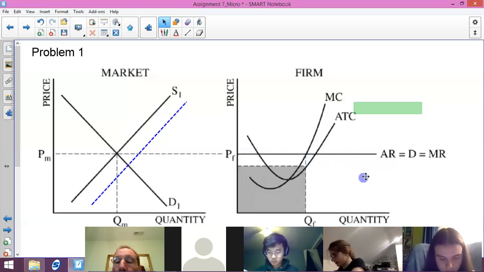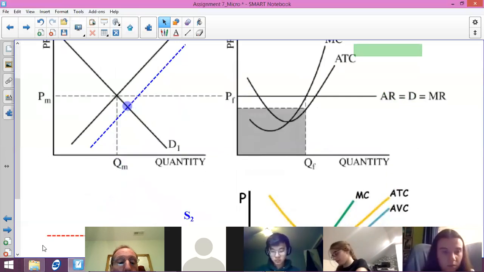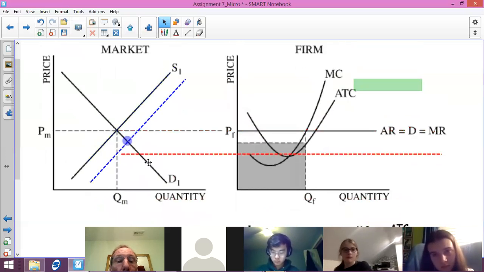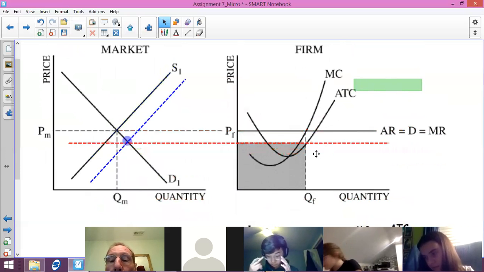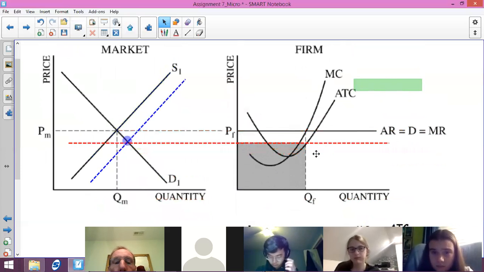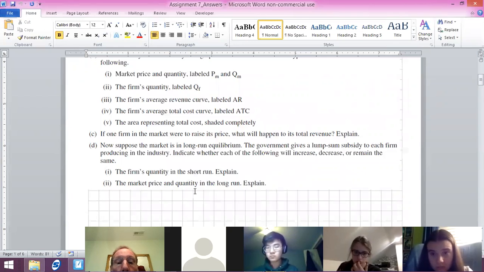Now, what would happen then is the price would drop, and the overall quantity would increase until such point where the price was equal to the average total cost, and then at that point, all of the firms in the market would be making zero economic profit, where price equals average total cost. Okay. So the answer is for the market, the price would go down and the quantity would go up.